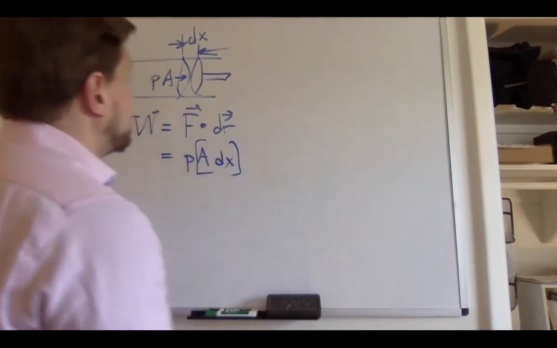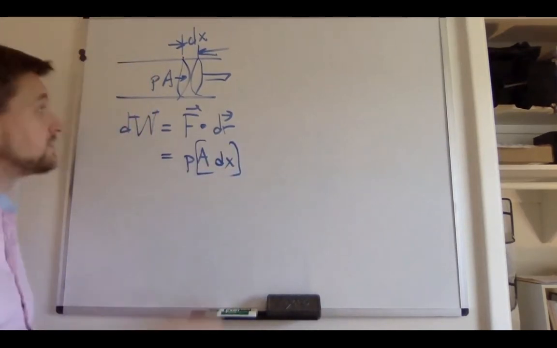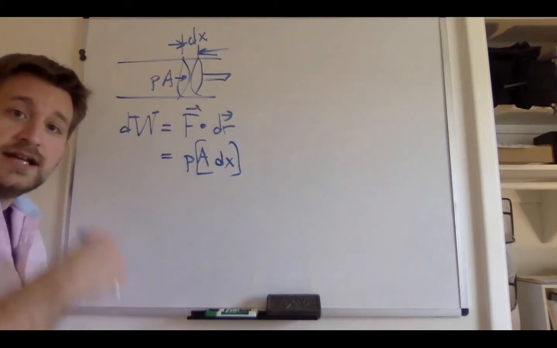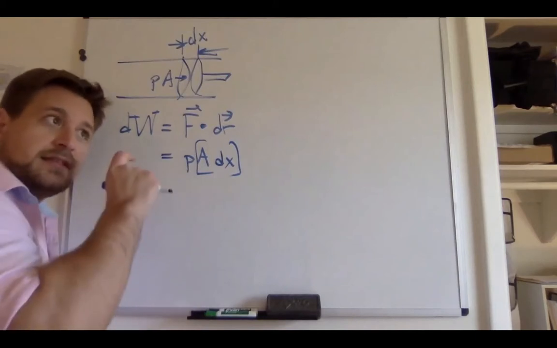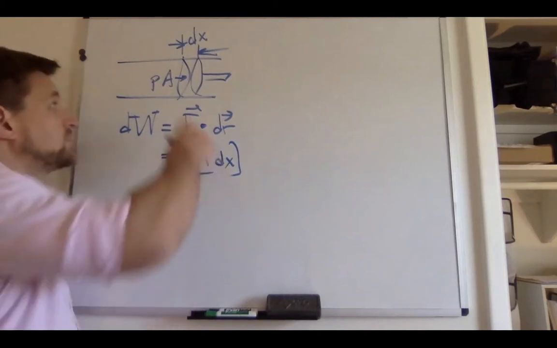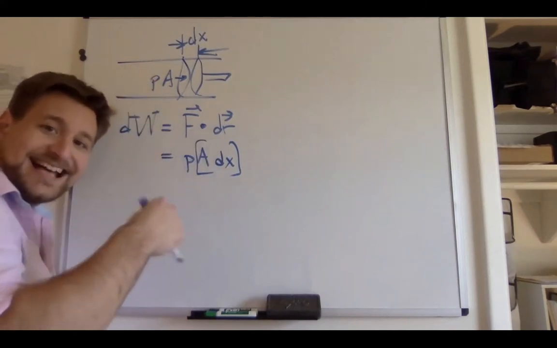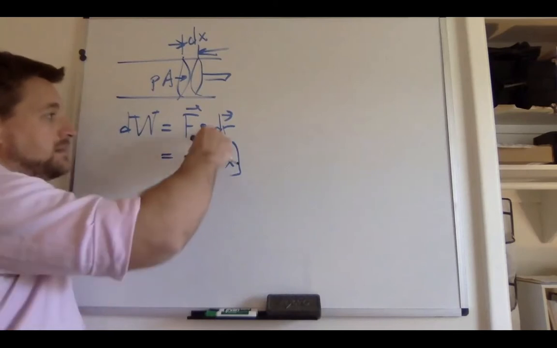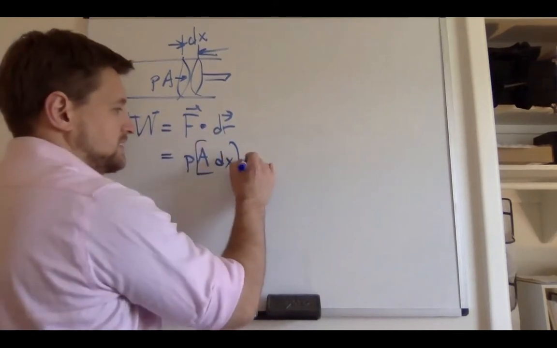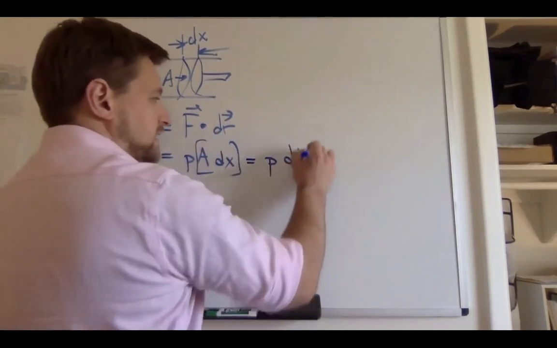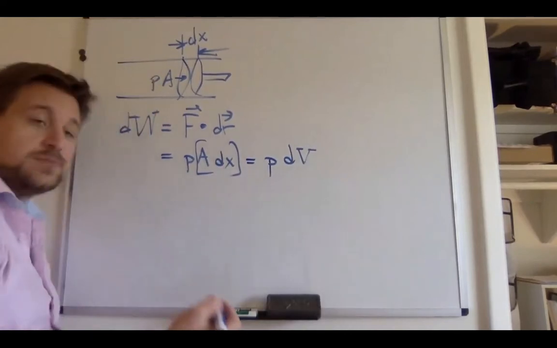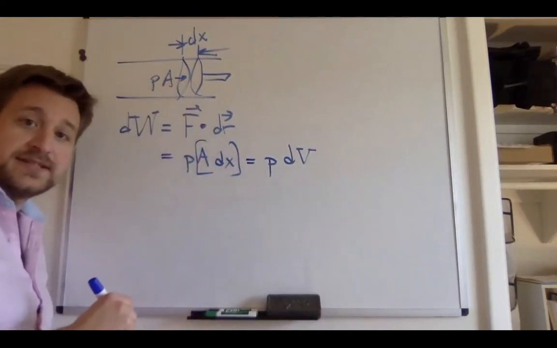The area times that distance, that's the volume of a cylinder. And that cylinder is the volume by which the region in which the gas is contained has expanded during this motion. This is the pressure times the small change in volume associated with moving that piston.